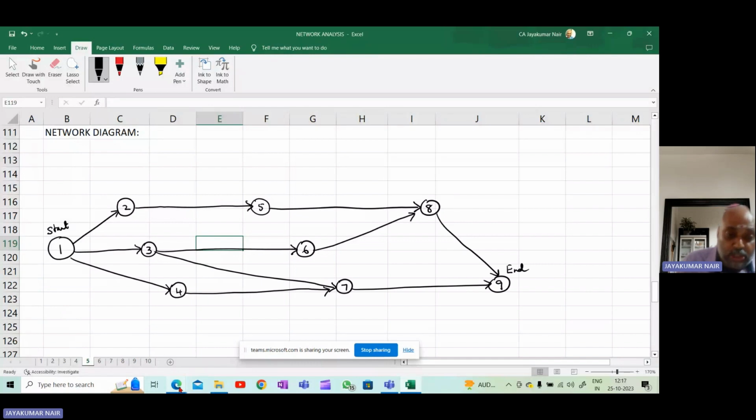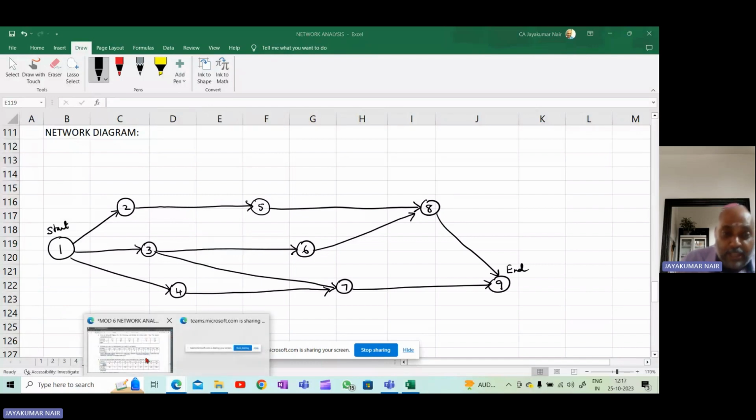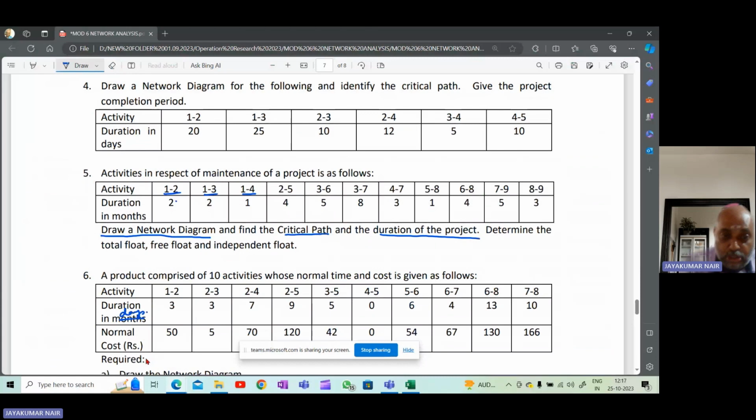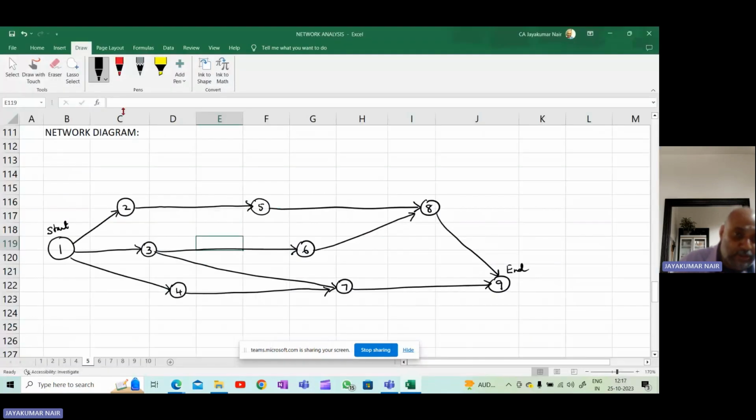Now, after this, what you have to do, you copy the duration given here. 1 to 2, the duration is 2 months. Here, 2 months, 1 month, and so on. This duration, you have to write it here. So I'll write here, this is 2 months.